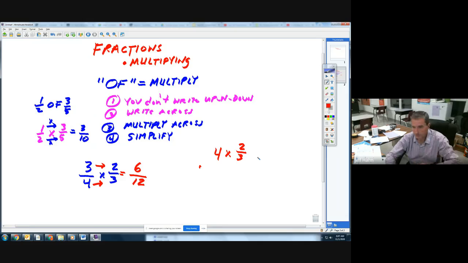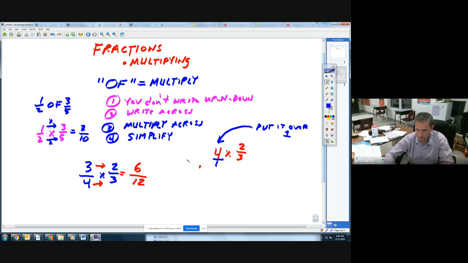Another thing we always have to realize is that these right now are not two fractions, but it is incredibly easy to make a whole number a fraction. I'm sure some of you are already screaming it out. To make a whole number a fraction, you just put it over 1. So 4 actually becomes 4 over 1.